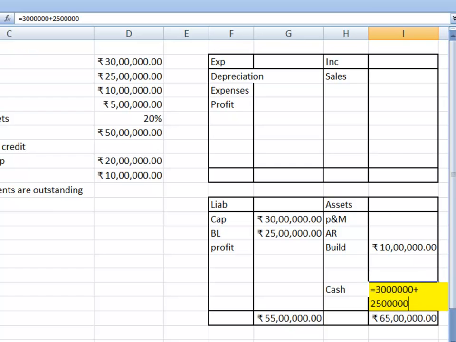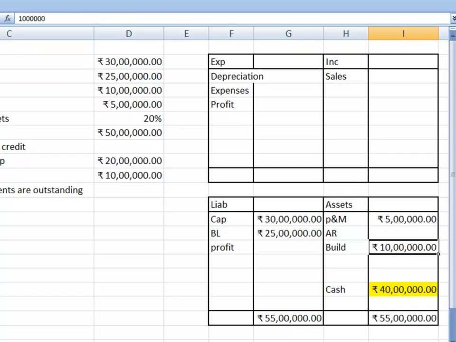Now cash will reduce. Plant and machinery 5 lakhs, again an asset. Now cash will be 40. Next one, depreciation on fixed assets.